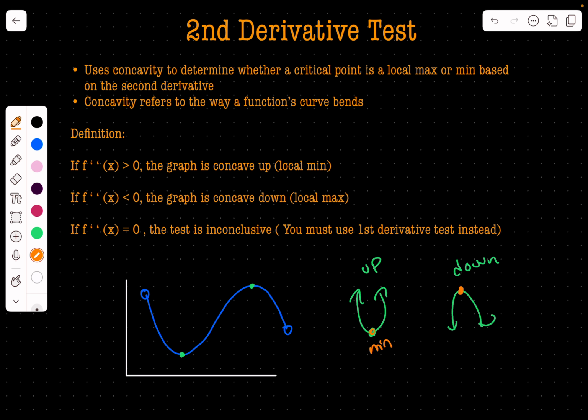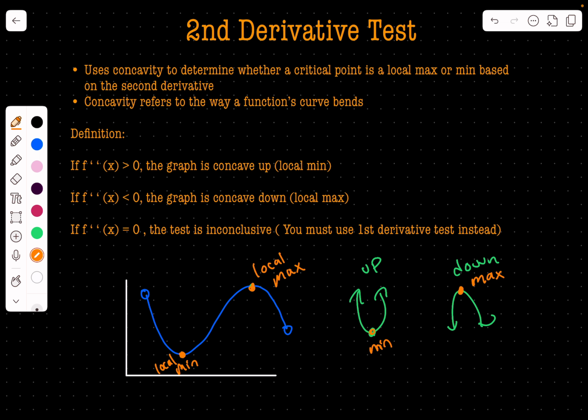When it's down, you have a max at that point. That's all it's really talking about. When we look at this graph, we have concave up, therefore this point is our local min. Over here we have a frowny face, so we have concave down, and this is our local max.